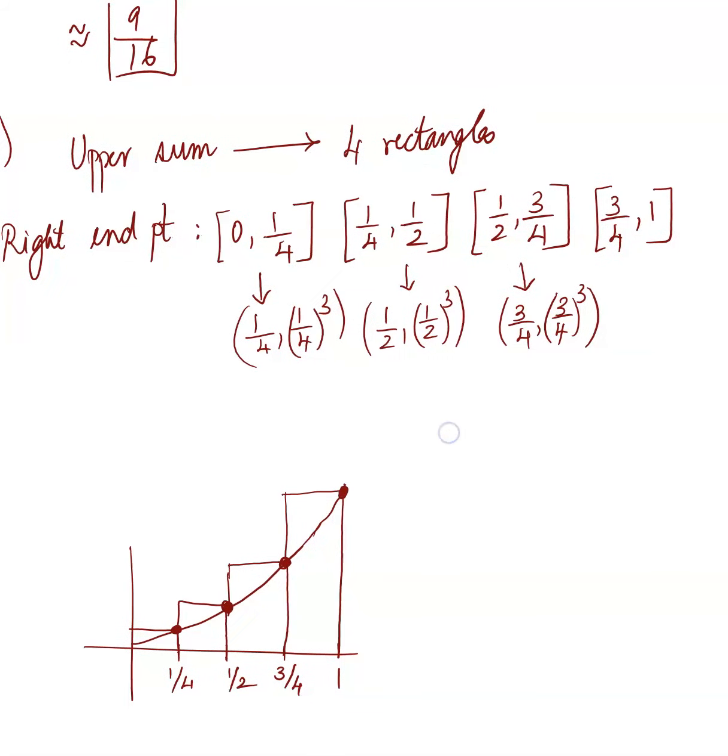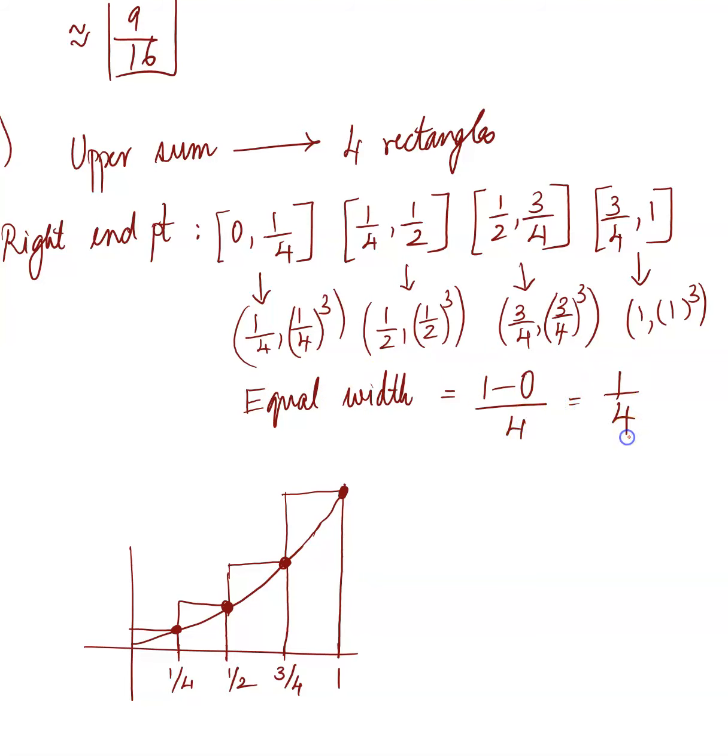Those are the coordinates, by the way. And this would be 1 comma 1 cubed. And again, equal width, 1 minus 0 over 4. That's how we even got to divide this interval.